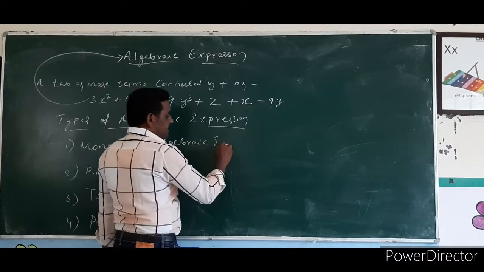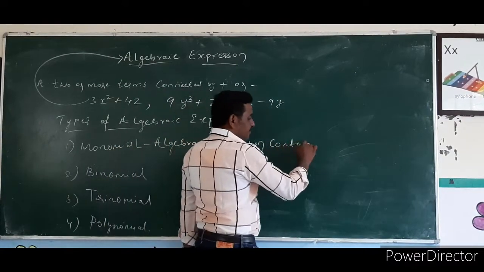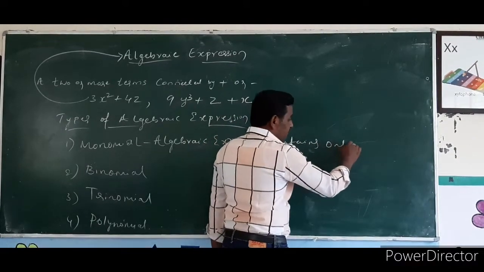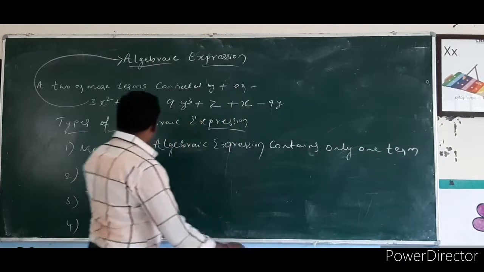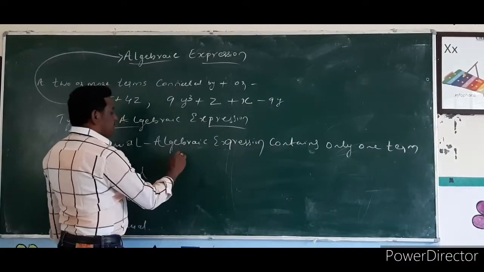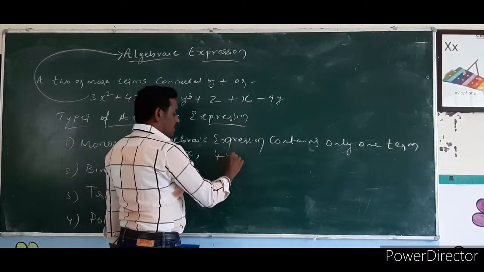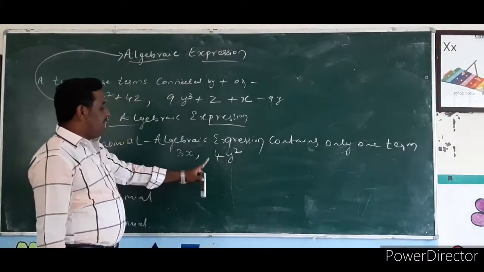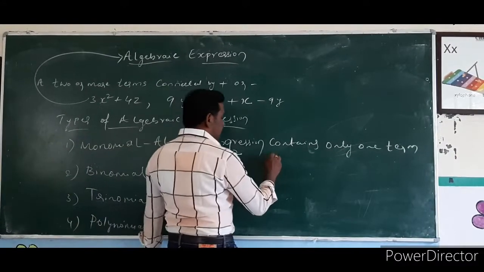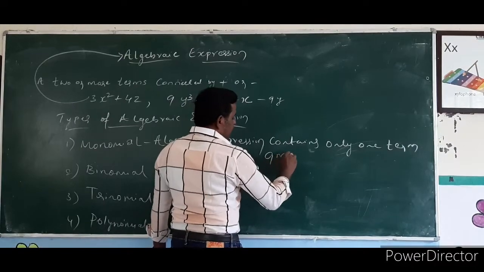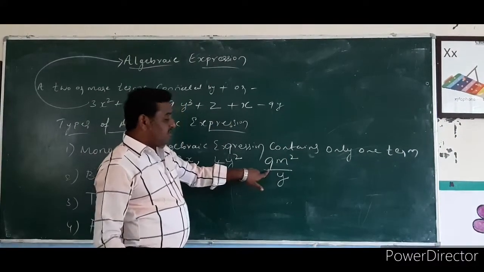What is meant by monomial? An algebraic expression that contains only one term. Only one term means, if I am taking 3x or 4y square, it is only one term. If you count the terms, suppose I am taking 9m square divided by y, the division is not considered.